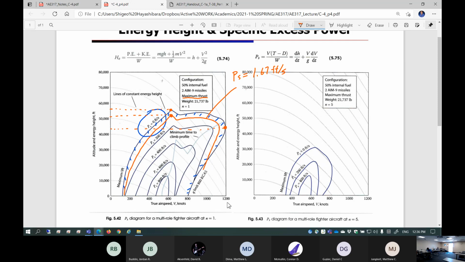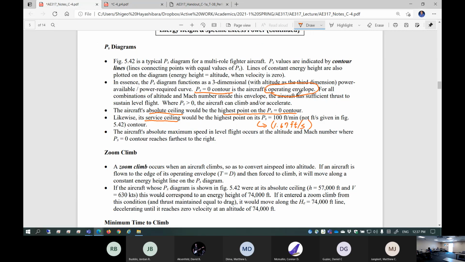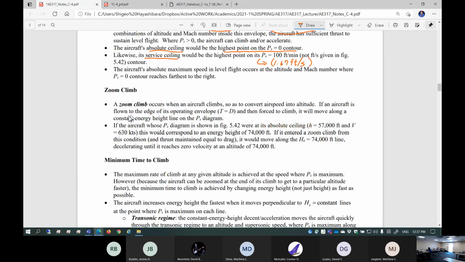This is true airspeed. So 1200 KTAS at an altitude of, I don't know, 45,000 feet, I would say. So you can read off lots of things: absolute ceiling, service ceiling, maximum level flight airspeed, and even more.